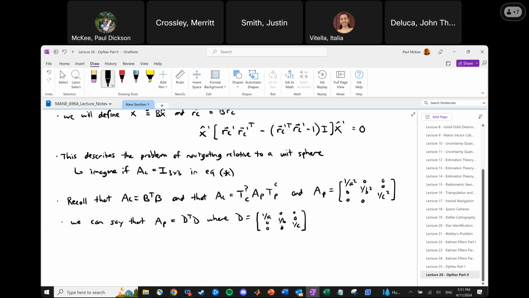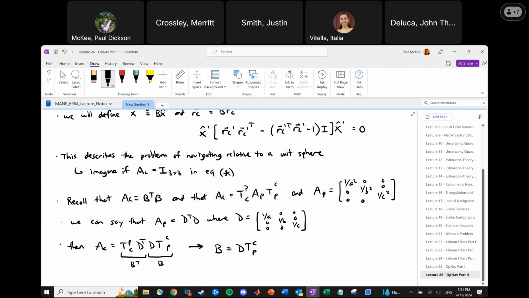If we do this, then we can say that AC is TP to C D transpose D T C to P, where this is going to be B transpose and this is going to be B. So therefore, B, the matrix that we described a second ago, which allows us to do this factorization that we're so crazy about, is really D, which is just a modified form of the planet shape matrix, times T C to P, which gives you the relative attitude of the camera and the planet frame, right?